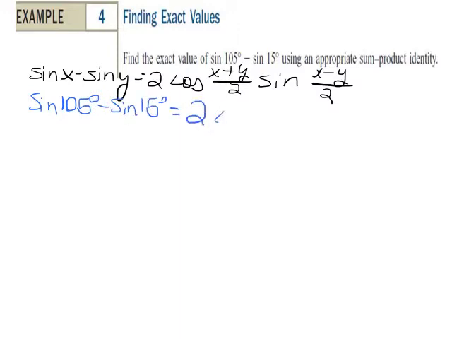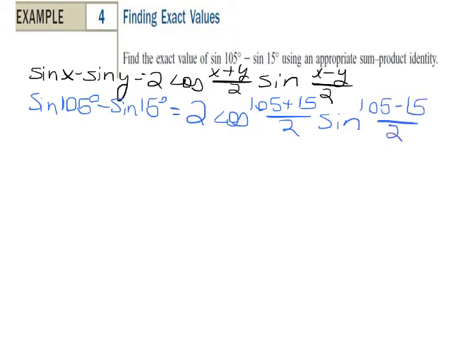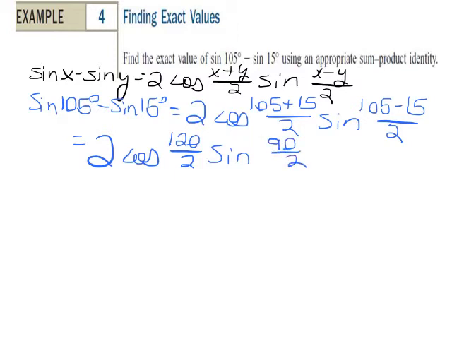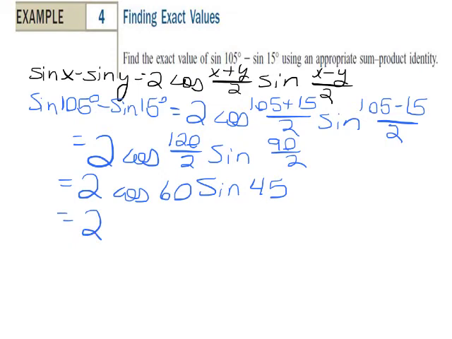So we've got 2 cosine of 105 plus 15 over 2, and the sine of 105 minus 15 over 2. So we've got 2 cosine, 105 plus 15 is 120 over 2, sine, and then 105 minus 15 is 90 over 2. So we've got 2 cosine of 60 sine of 45.